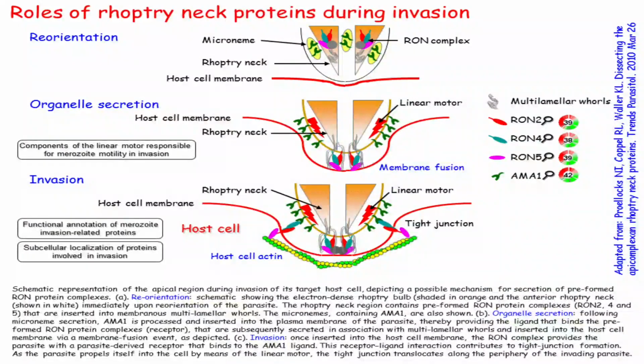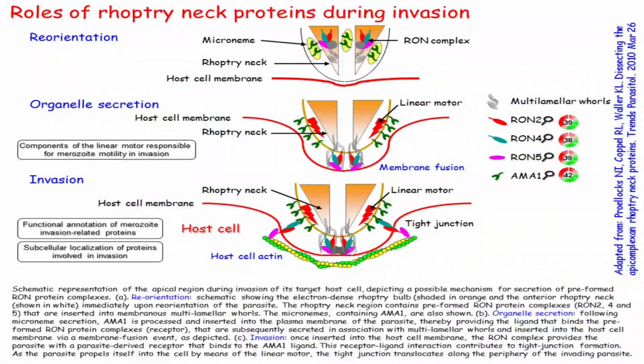And we see here in orange color there are RONI complexes, RON 2, RON 4, and they've been put in colors. The red one is RON 2, the green one is RON 4, and the purple one is RON 5.